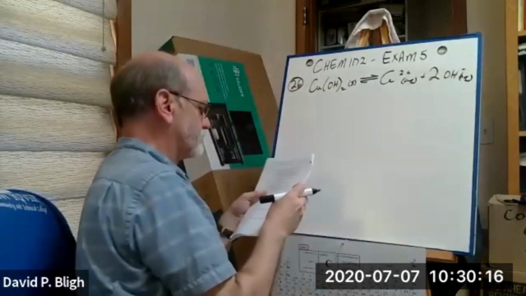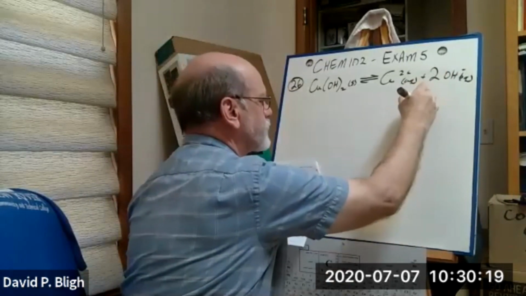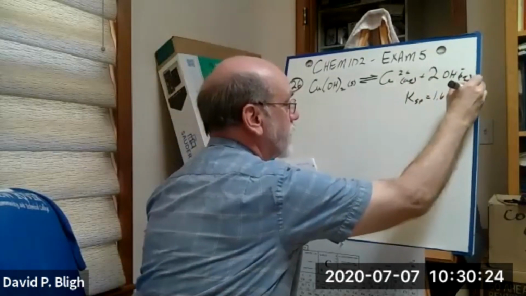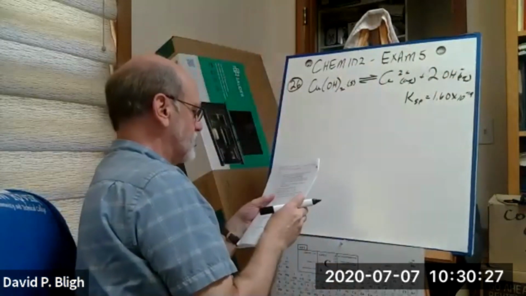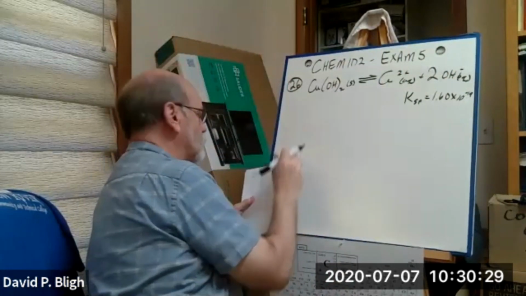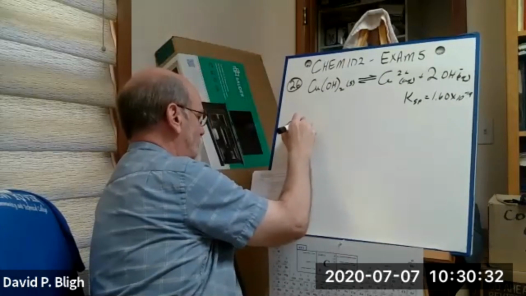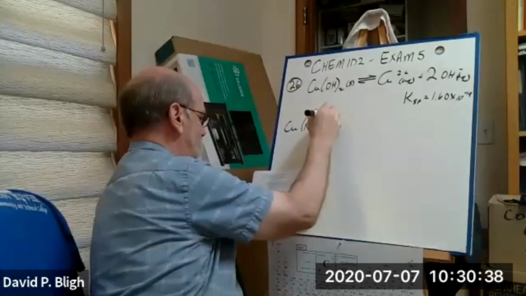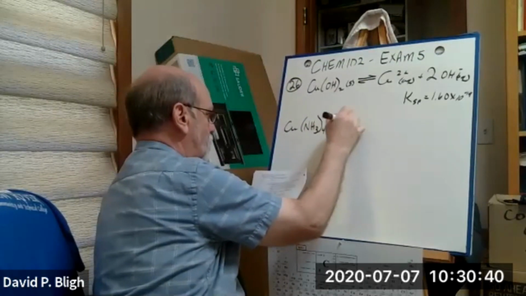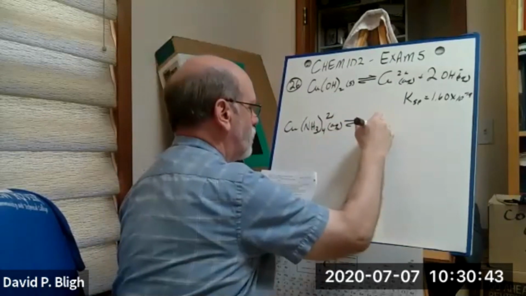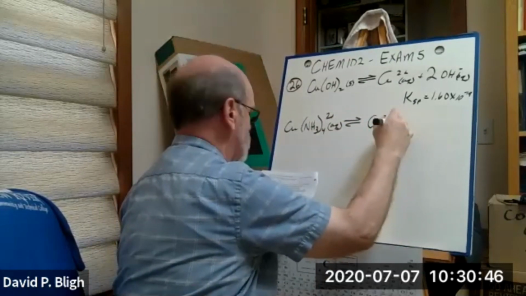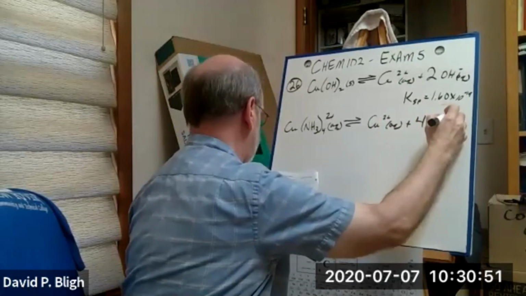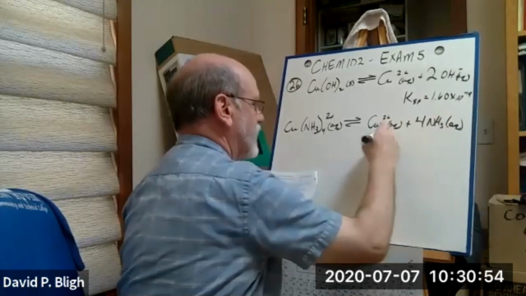And then the KSP for this one is 1.6 times 10 to the minus 19. And then we're going to combine that reaction with this one. Okay. And there. And the K for that reaction.